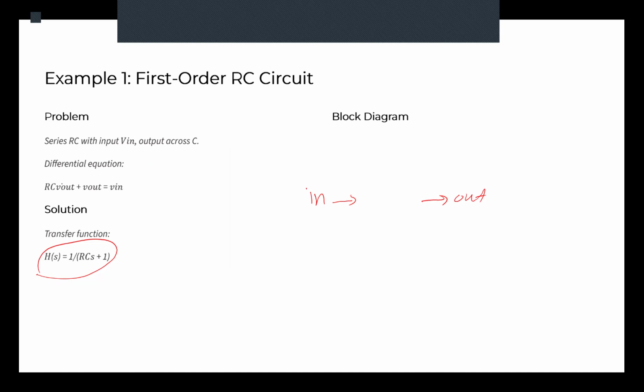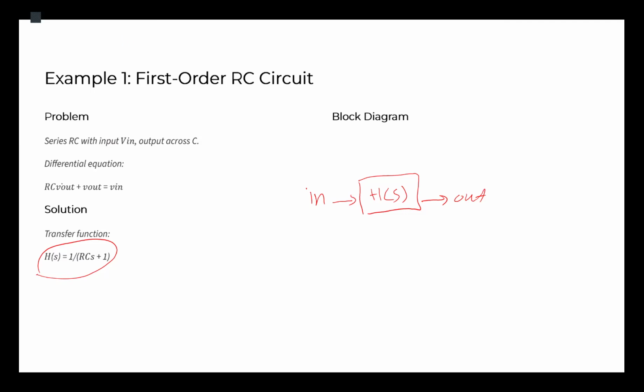Multiplying by the transfer function, right? So we are going to have our transfer function. We have to multiply the transfer function to the input, so we have the output. So when you want to represent that in the block diagram, it's simply input times the block, which is the transfer function, and it would give you the output. Are we good?